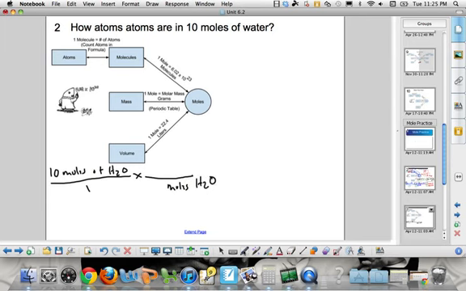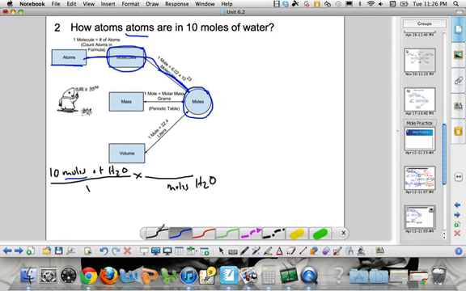All right, let's use this flowchart. Let's figure out how to do this one. This is how I do it. I'm starting out here in moles. I want to circle where I'm at. I'm in moles. What do I want to go to? I want to get to atoms. I've got to get all the way over here. So what do I need to do? Well, I need to follow this path to get there. So how do I have to convert this? I've got to go moles into molecules first. So that's the conversion that I'm going to have to do.